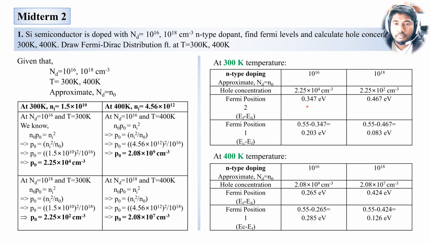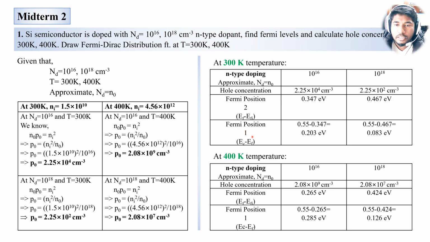So if we take the intrinsic Fermi level as reference, then the Fermi level is 0.347 electron volt for 10 to the power 16 donor impurity concentration, and for 10 to the power 18 donor impurity concentration, the Fermi level is 0.467 electron volt.